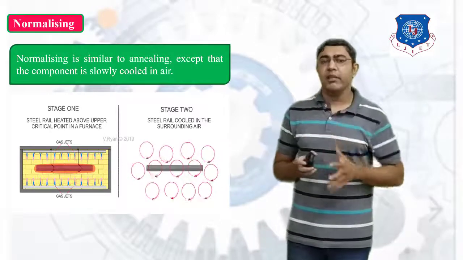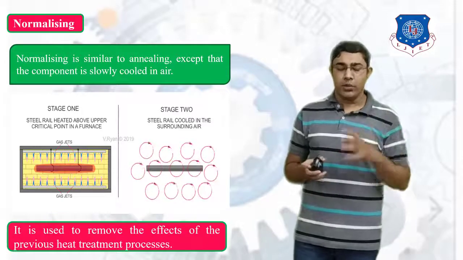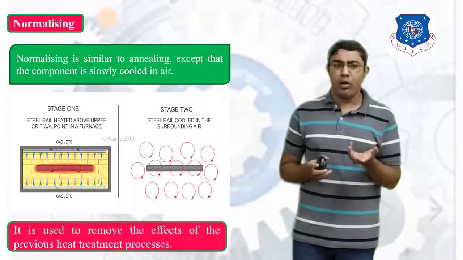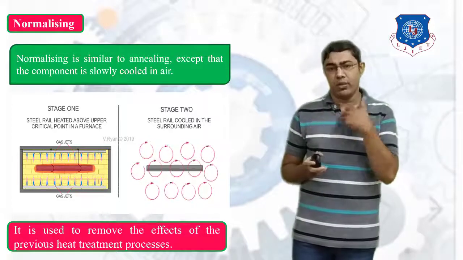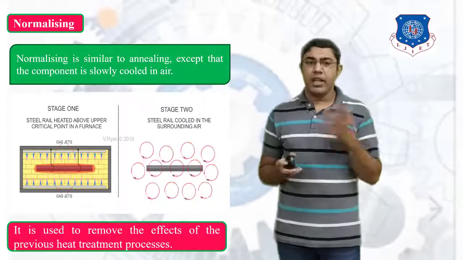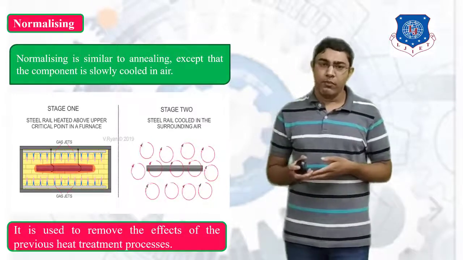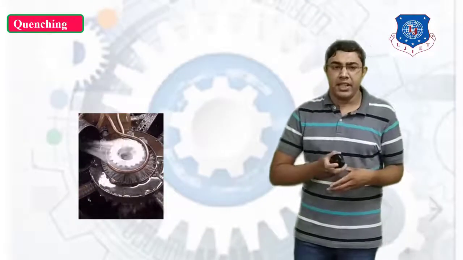This is nothing but the normalizing process, and it is used to remove the effect of the previous heat treatment process. So if we have to remove the previous heat treatment effect, then we have to use the normalizing heat treatment process.